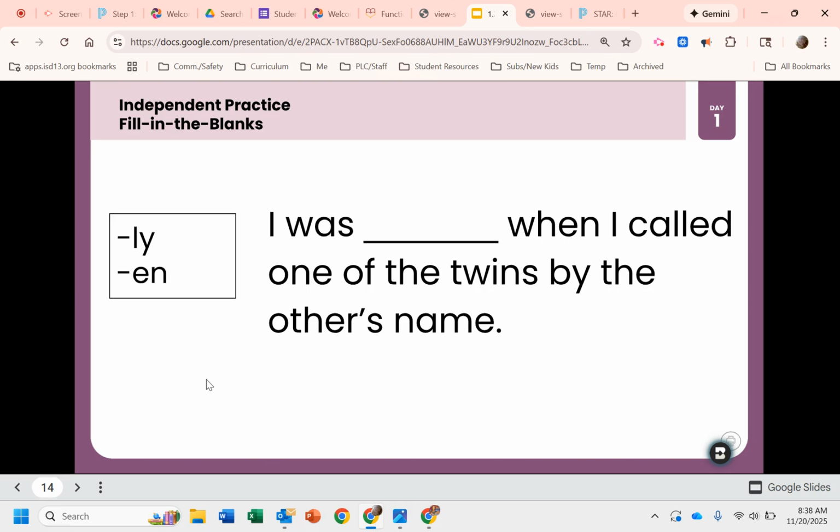Is this asking how something happened, how I did something, or is it asking about what I am? Is it looking for an adverb with ly, or might it be looking for an adjective with en?